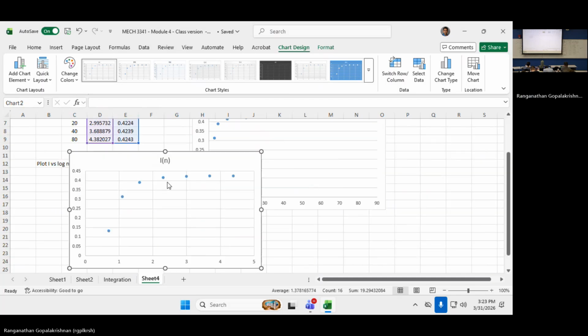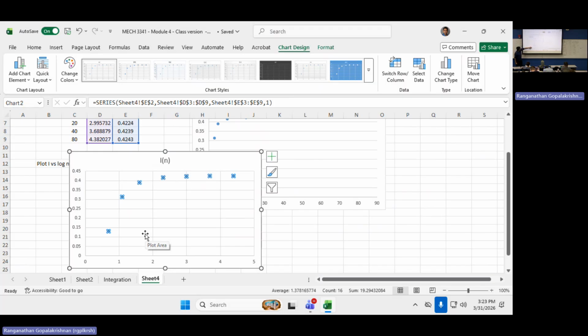Okay, this doesn't look like a straight line either. Okay, so we know we have learned one trick so far, which is to fit straight lines. Here's a graph between I and log n. That doesn't look like a straight line.